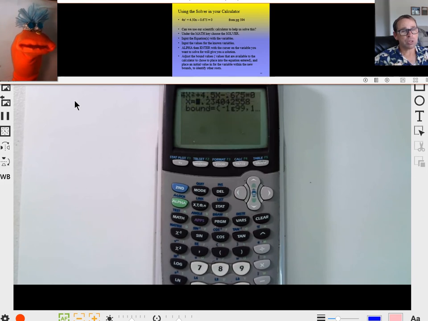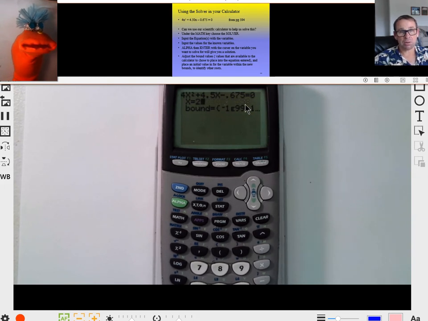So I push enter there, and what it usually does is display my equation and ask me to choose a guess. It's where I think the value is. And 2 is a fine guess. I really don't know where the value would be. It's probably less than that. But that is a number that it puts in for x and tries to find a minimum.